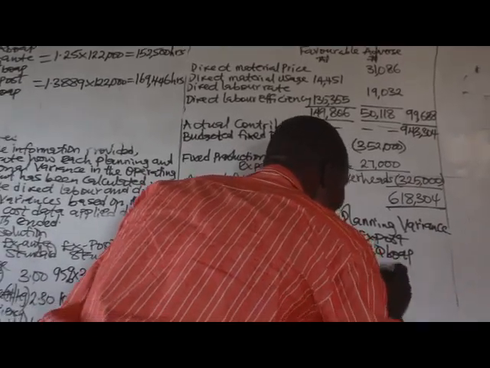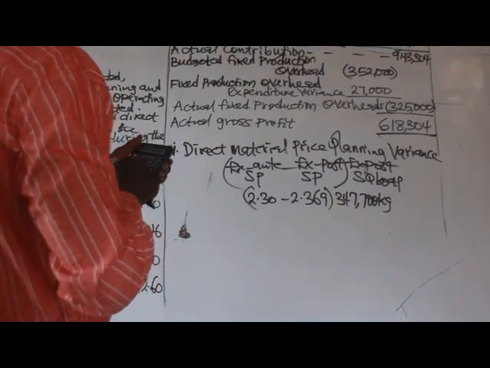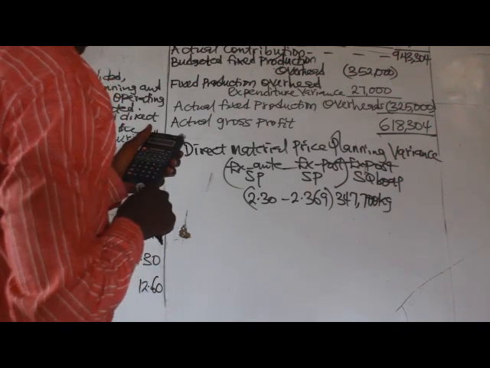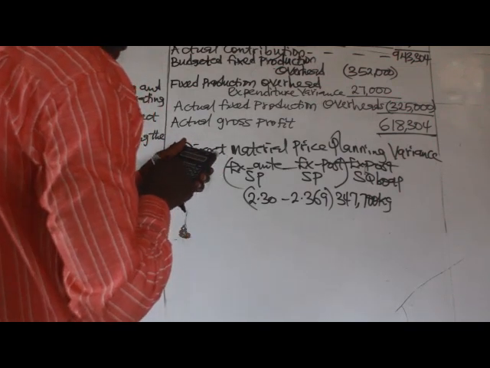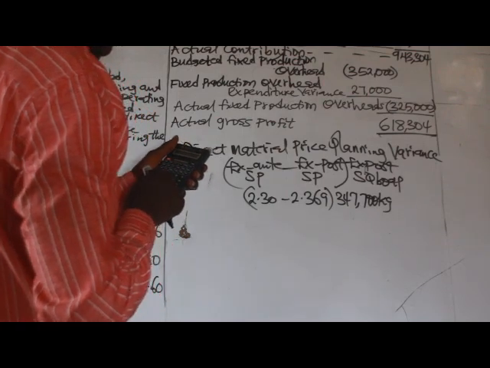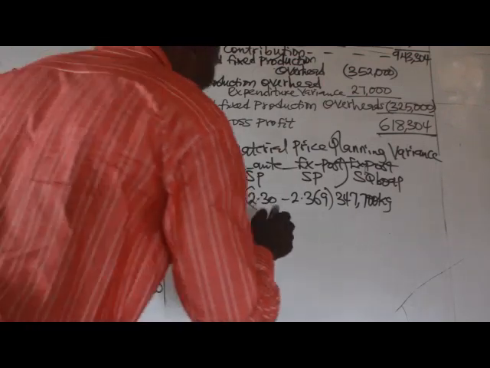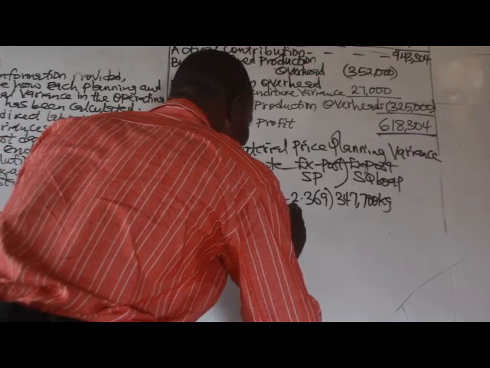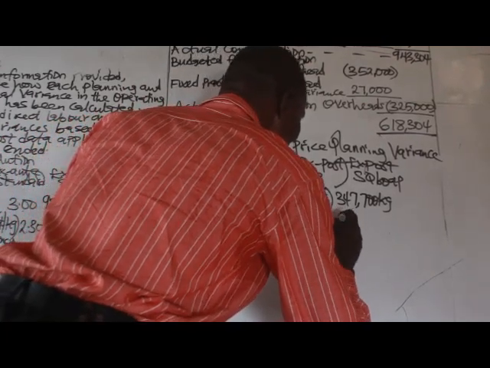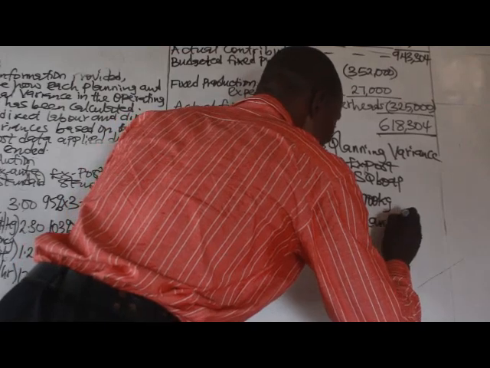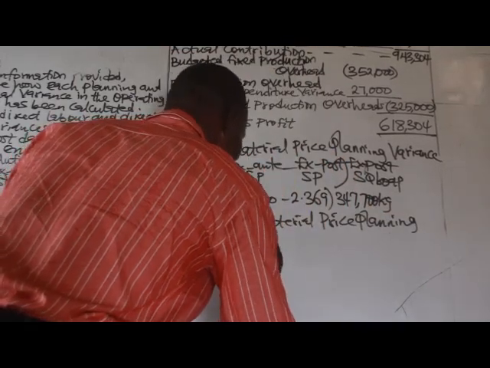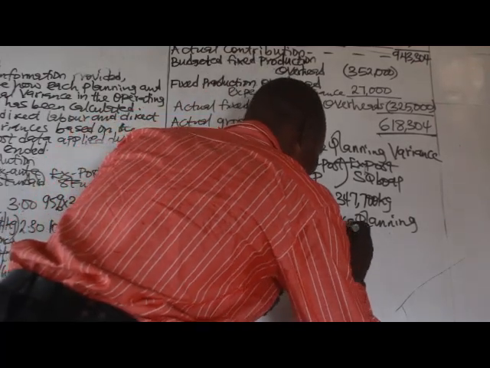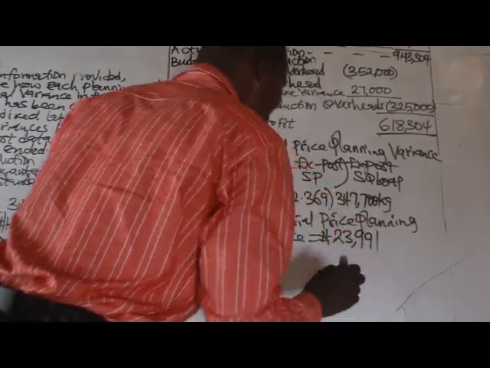The difference between 2.3 and 2.369 is 0.069, times 347,700. Therefore, the direct material price planning variance is 23,991 naira.